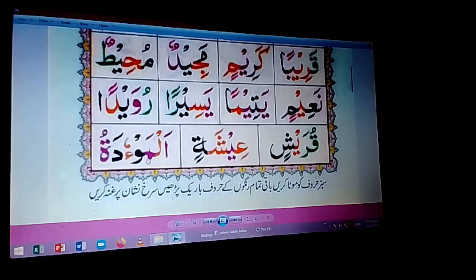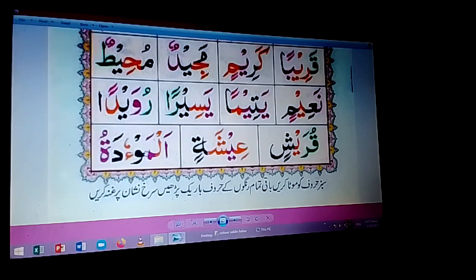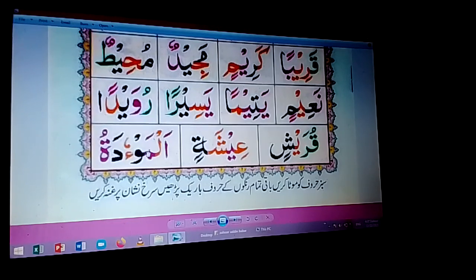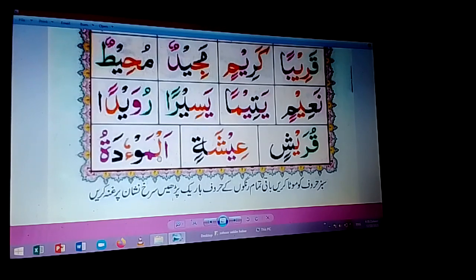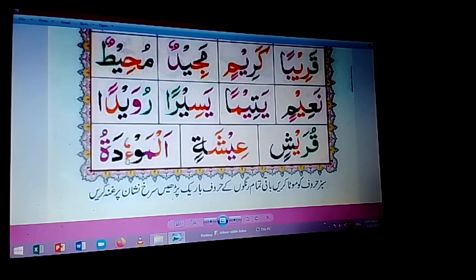Same condition is for waw. If there is waw silent, there must be dhamma before that waw silent. And here is no dhamma, here is fatha. Meem is before waw silent, but meem has fatha, not dhamma. That's why this meem is not longer. So al maudatu.